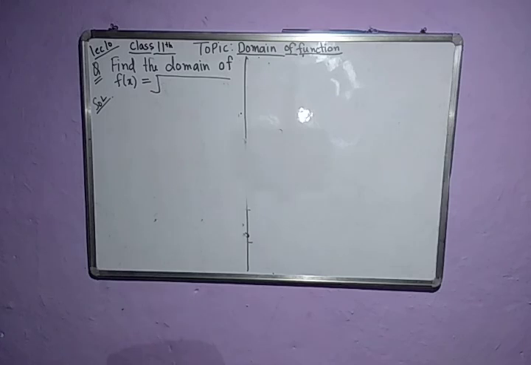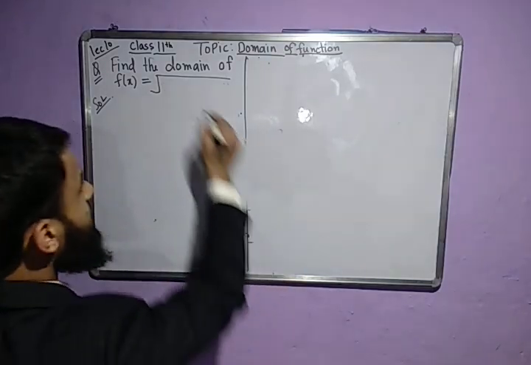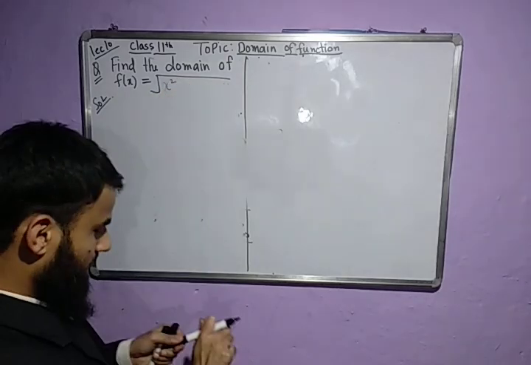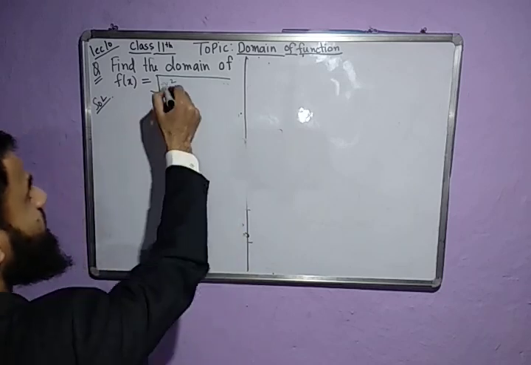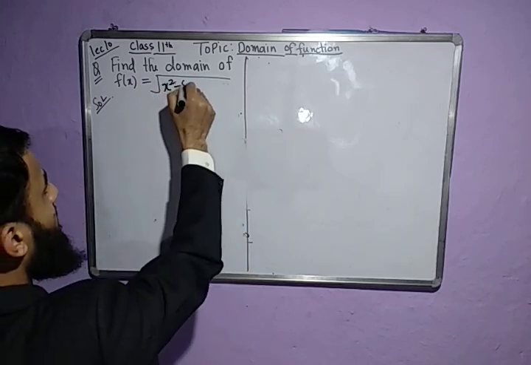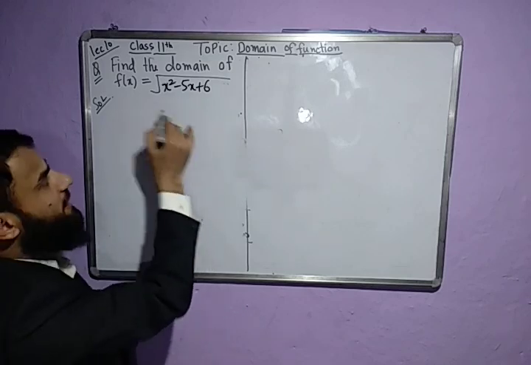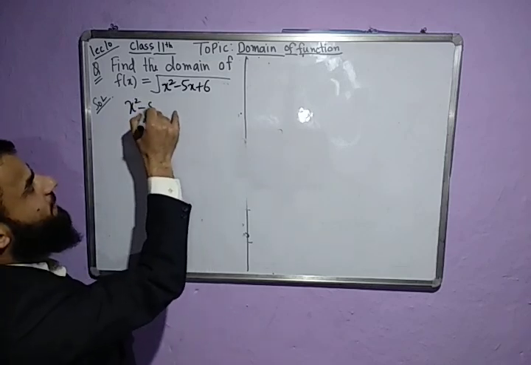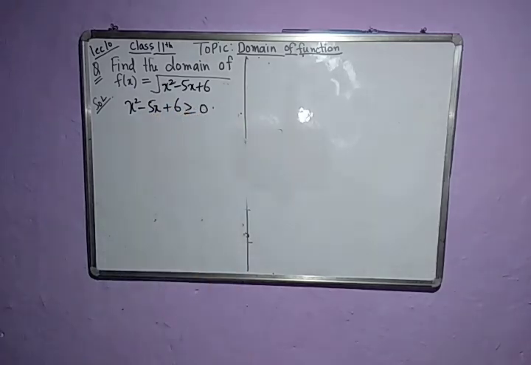Now the next question is under root of x square minus 5x plus 6. I know for this function to be defined, x square minus 5x plus 6 should be greater than or equal to 0.